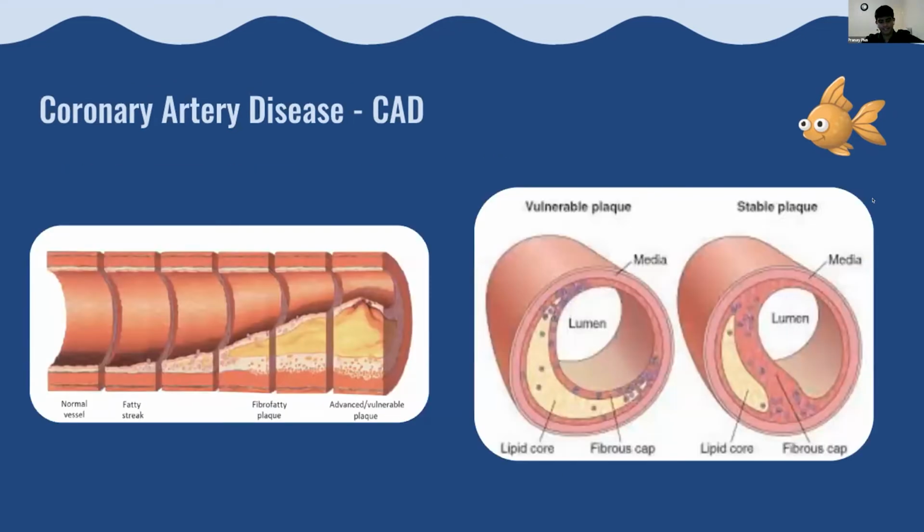So what we've got here is two examples of coronary artery disease. We don't need to know too much detail, but what we do need to know is how they appear. First is what happens when you have coronary artery disease. You've got a high level of triglycerides, a high level of cholesterol.